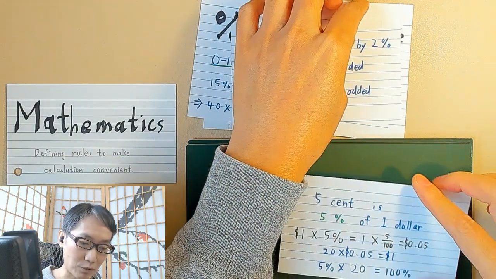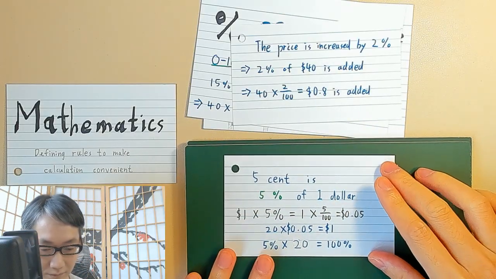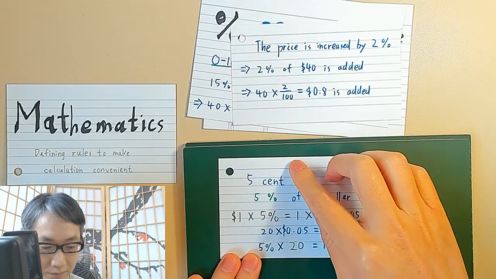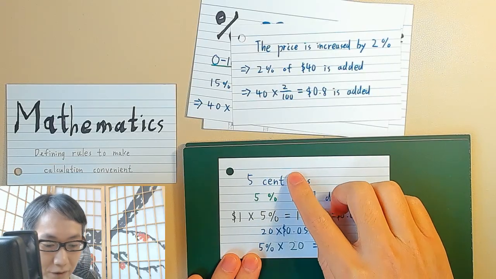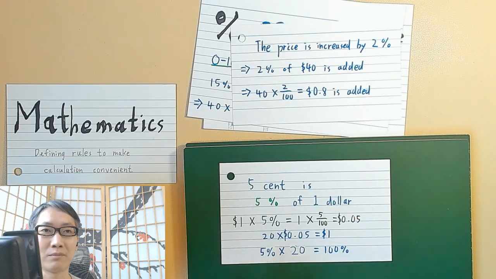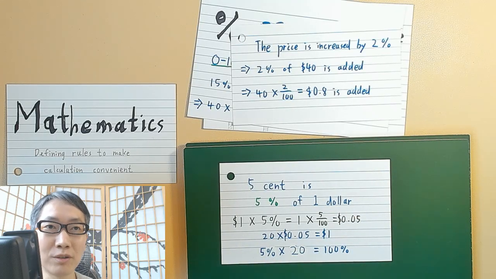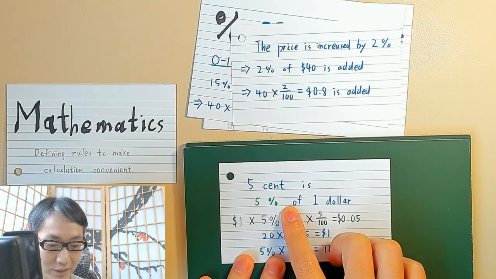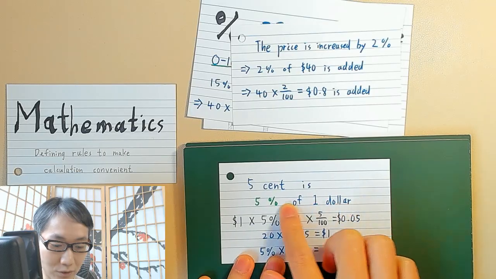Okay, now we look at percentage in currency. How much is 5 cents? Okay. If we divide $1 by 100, then we get 1 cent. 5 of that, right? Exactly 5% of $1.